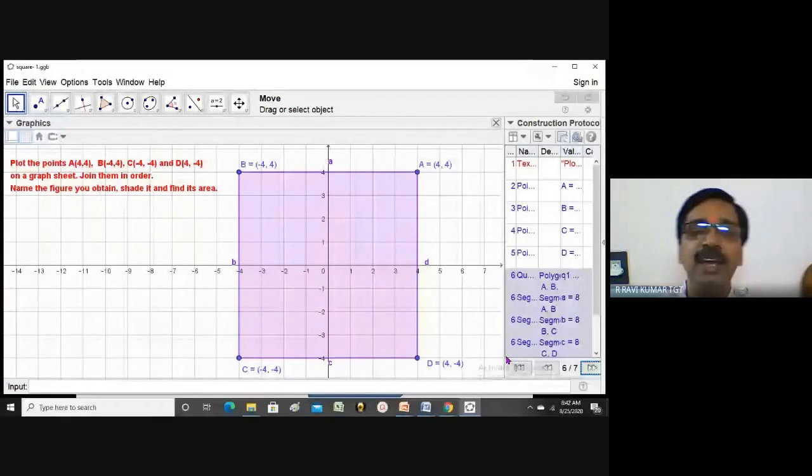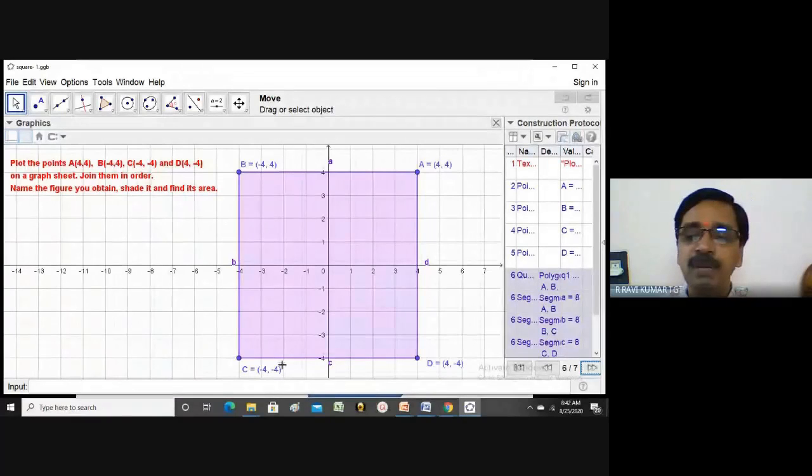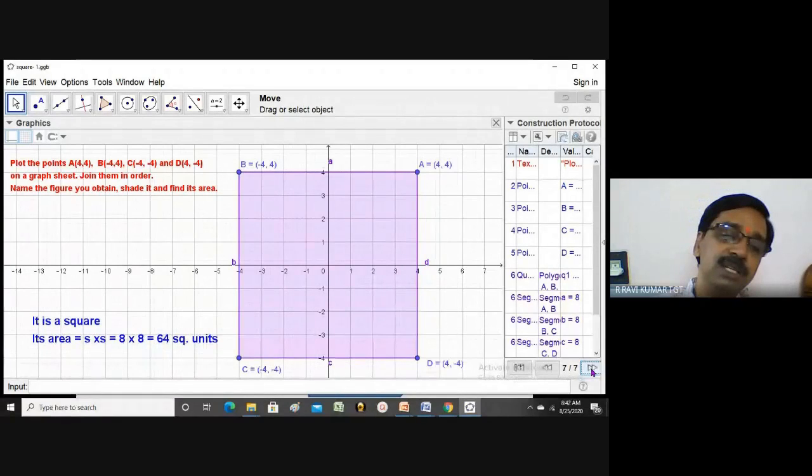Area of a square is side into side. Counting 1, 2, 3, 4, 5, 6, 7, 8 units. 8 units is the length of the side. So AB, BC or CD, whatever it is, any of the sides. Therefore, the figure is a square, its area is 8 multiplied by 8, side into side, equal to 64.